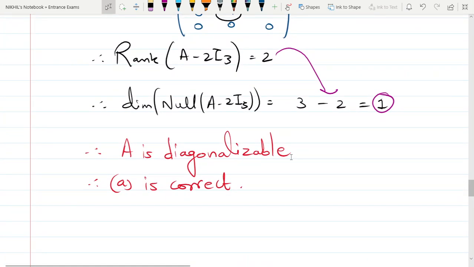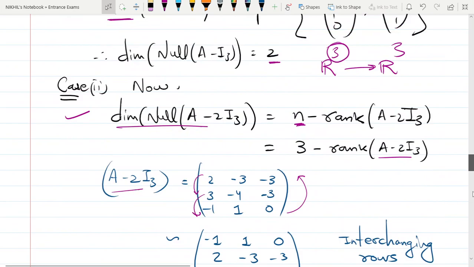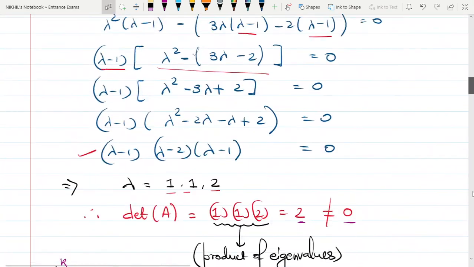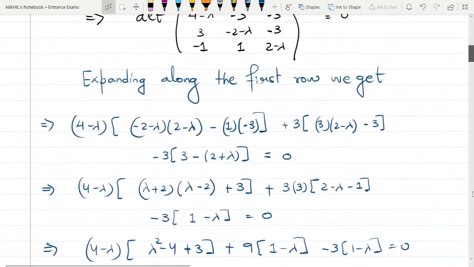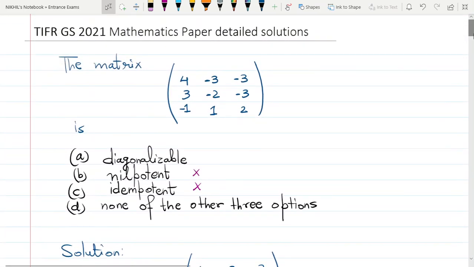So clearly the given matrix A is diagonalizable and A is the correct option. If we go back and see here, this is the correct option. I hope you have understood the solution to the problem.